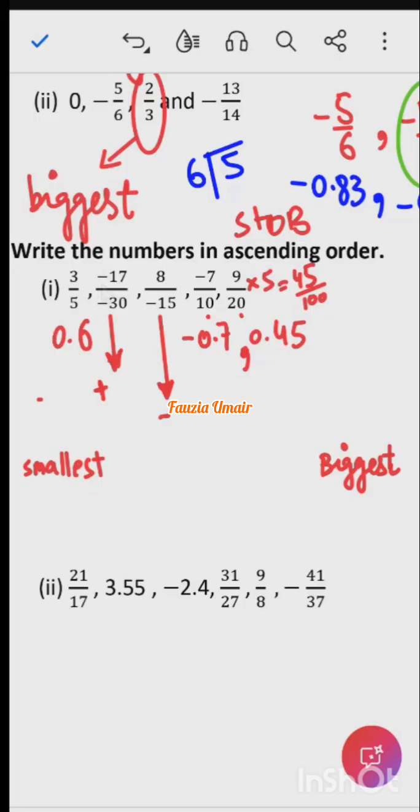Yes beta, what is the answer of 17 by 30? Please tell me after division. 17 by 30.